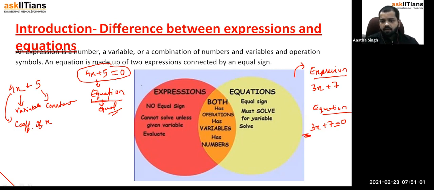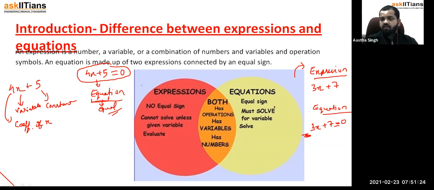So first we'll study what is common between them. Both have operations, variables, and numbers. Both have operations, right? And variables and numbers, like plus is there. So basically both have operation, both have numbers, both have variables, both have constants, right?